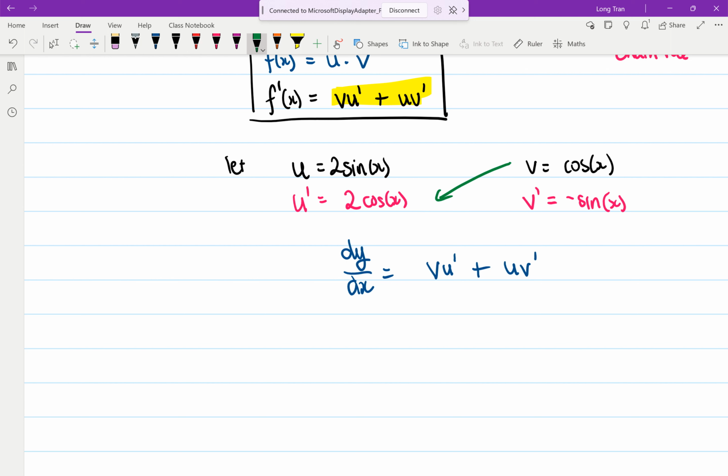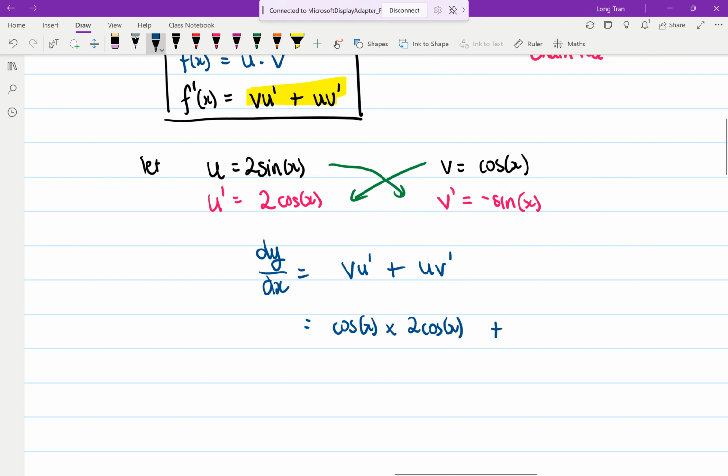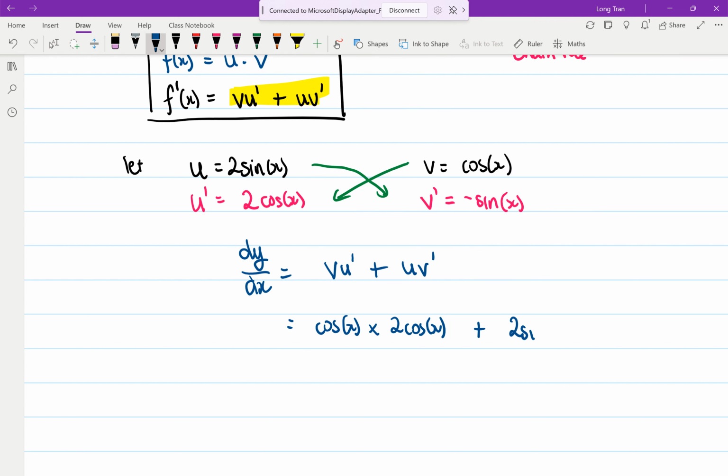So cos of x multiplied by u dash, which is 2 cos of x, and then plus u, which is 2 sine of x, multiplied by v dash, so negative sine of x. And here we go. We've got 2 sine of x multiplied by negative sine of x.